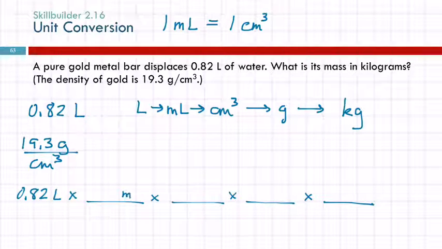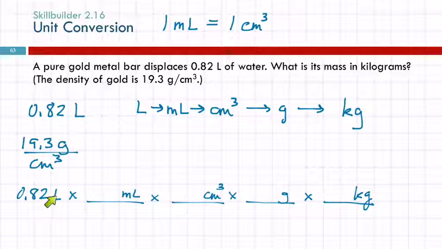Liters to milliliters. We're just trying to keep it together here. To cubic centimeters, to grams, to kilograms. I'm just writing these same units: liters, milliliters, cubic centimeters, grams, kilograms. Copying them down.